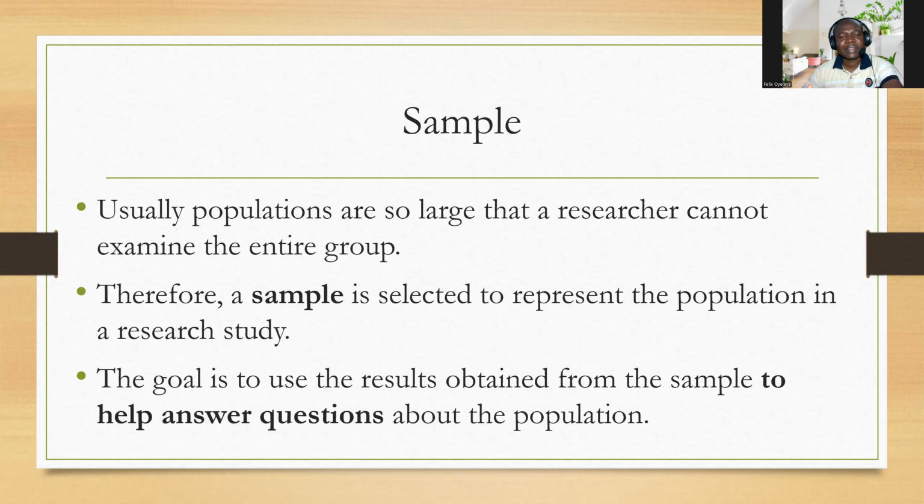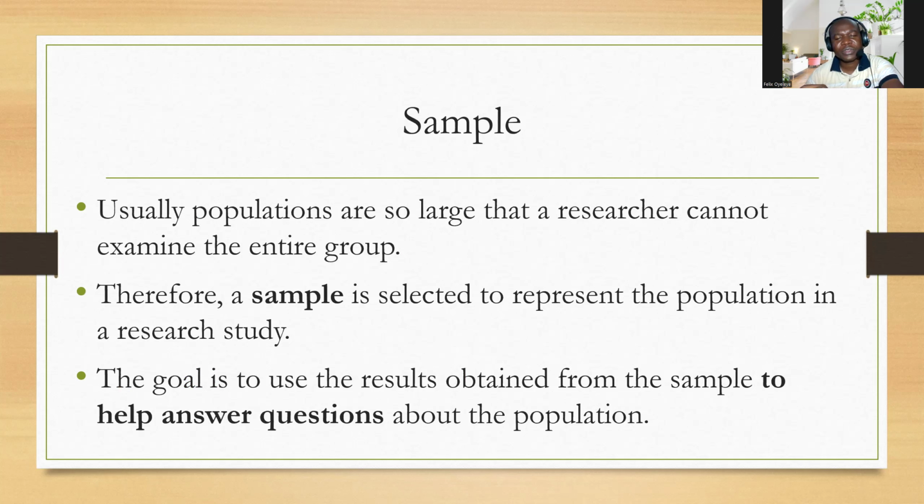Now, another reality in population study is that many times the researcher may not be able to work with the entire population, and hence has to select a representative of that population to actually work with. This representative, usually selected using a specific technique, is referred to as a sample.